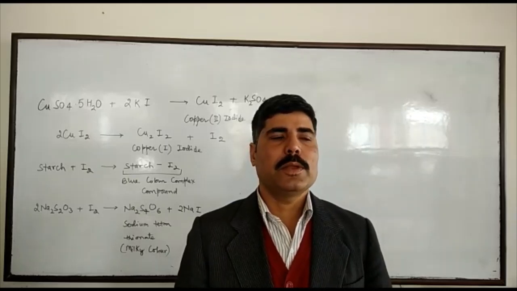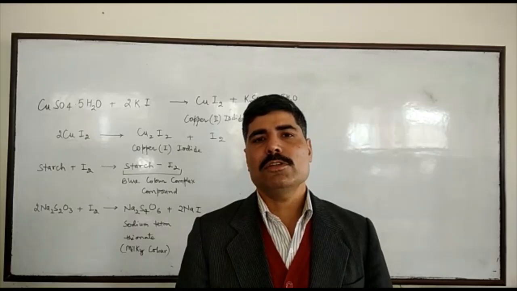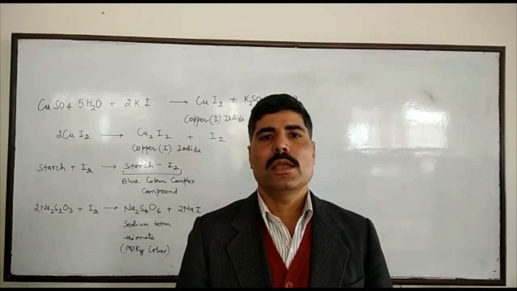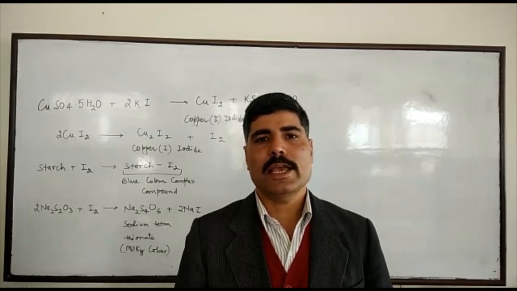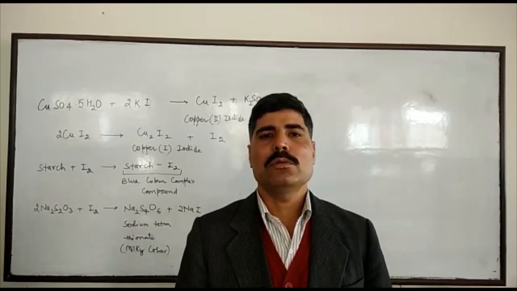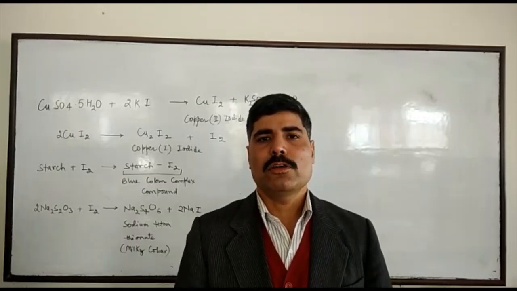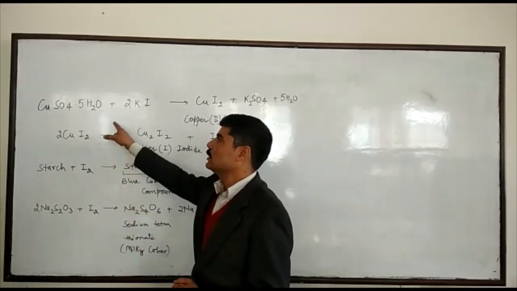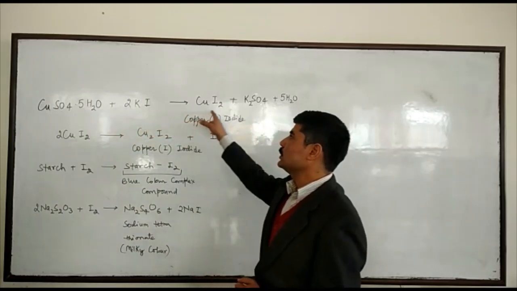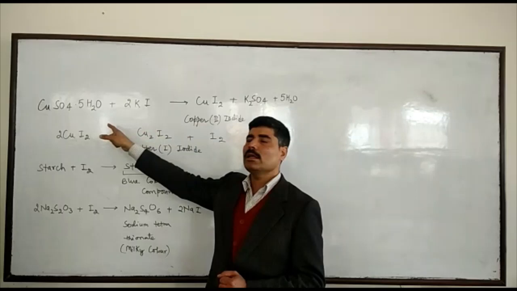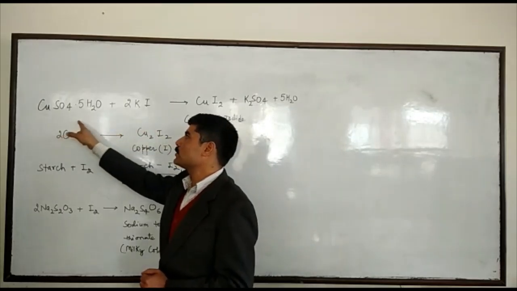In this experiment, the given sample solution of copper sulfate reacts with KI along with acetic acid and results in the formation of a dark brown solution with the formation of copper(II) iodide. This is the reaction which takes place when we add KI in a given sample solution of copper sulfate.